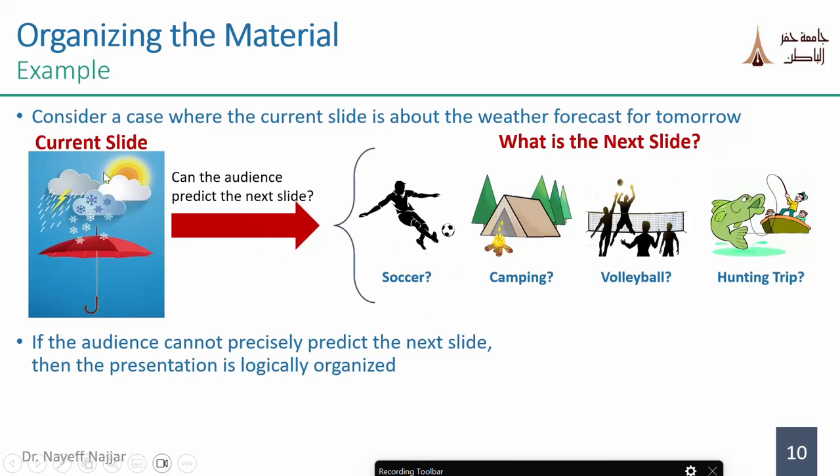Let's say in the current slide you are talking about the weather, and you say something like, tomorrow is going to be sunny, and there will be no clouds and no rain, and no wind, and the temperature is fine.